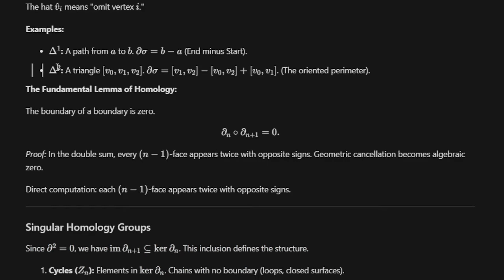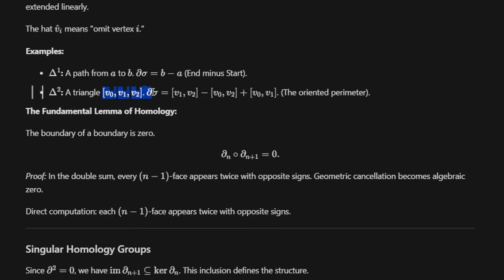But if we want to look at a simplex where n is equal to 2, or a triangle, V0, V1, V2, the boundary here would be the edge V1 V2 minus V0 V2 plus V0 V1, as like an ordered pair. And this is an oriented perimeter.